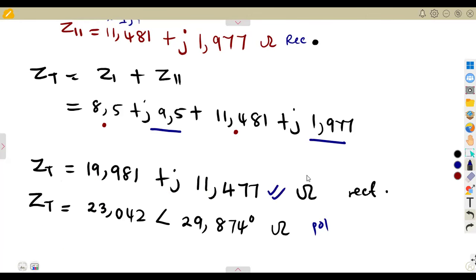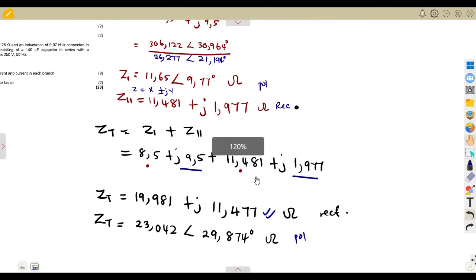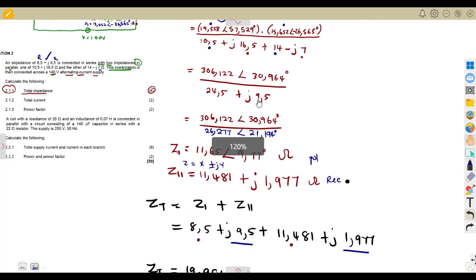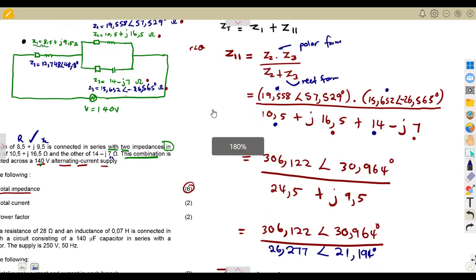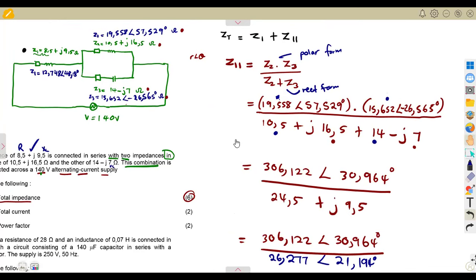You can even just leave your answer like this, but just for future calculations, because you might need this where you are dividing and you have to convert. But in case that you do not need this, you can just leave your answer in rectangular form. So these are the stages that you're supposed to have made, considering that it's a parallel series parallel. So the parallel, you work it on its own, then you add to the series.